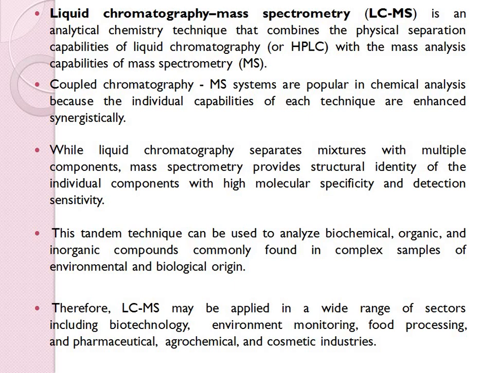This LCMS is an analytical chemistry technique that combines the physical separation capability of HPLC with mass analysis. While liquid chromatography separates the mixture with multiple components, mass spectrometry provides structural identity of the individual component with high molecular specificity and detection sensitivity.